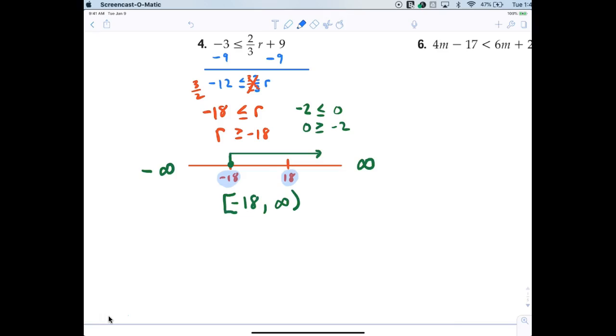All right? Yeah, but I have one question about the greater than and equal to. So does that just mean, on a number line, that negative 2 is greater than 0?